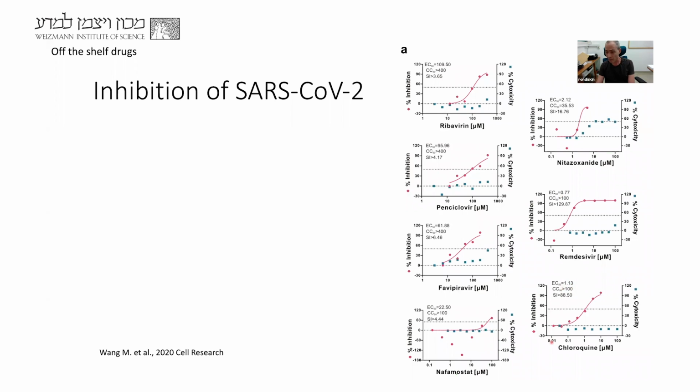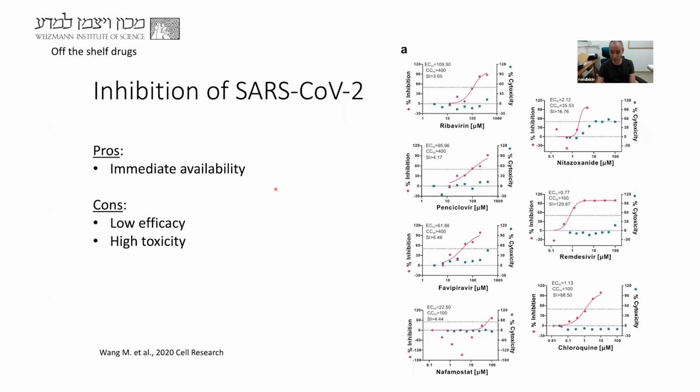Now, chloroquine is a known malaria drug. And the good thing about this particular drug is that it's widely available. So every pharmacy that you enter is likely to have chloroquine available to treat malaria. Unlike remdesivir, that is an experimental drug, and it's still not available in the market.